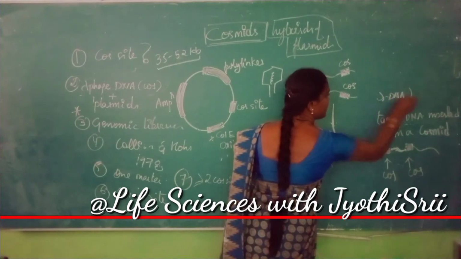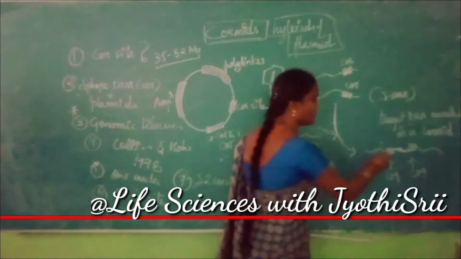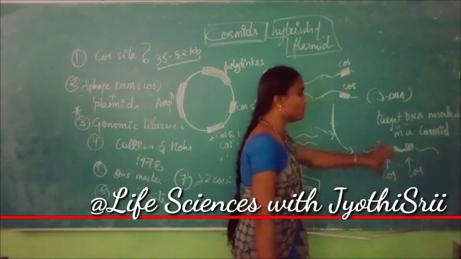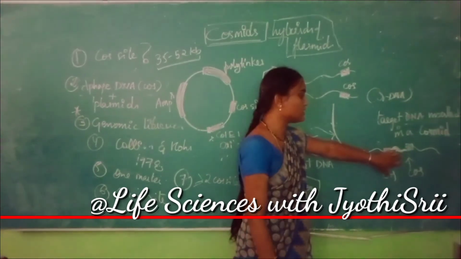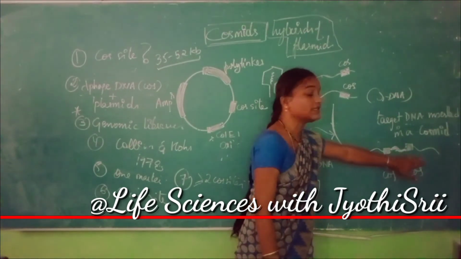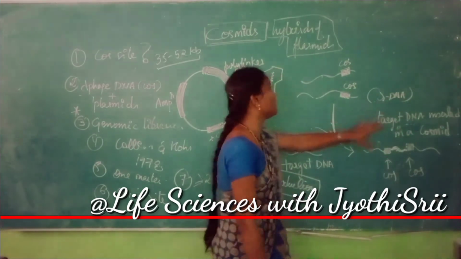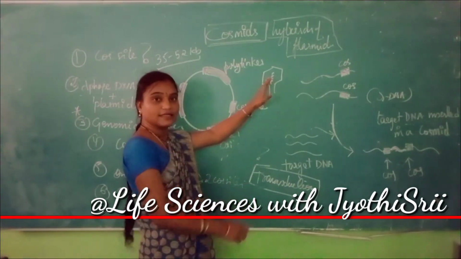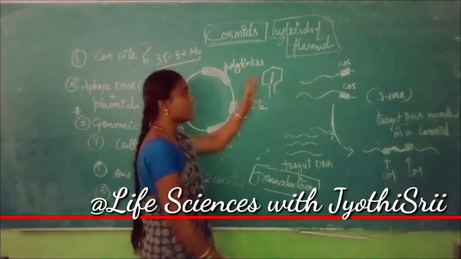What is your chimeric DNA molecule? rDNA molecule is nothing but target DNA molecule with a vector, that is cosmid, containing two cos sites. So this target DNA molecule is inserted in between two cos sites of a cosmid vector. So this rDNA molecule should be inserted in the lambda phage head.